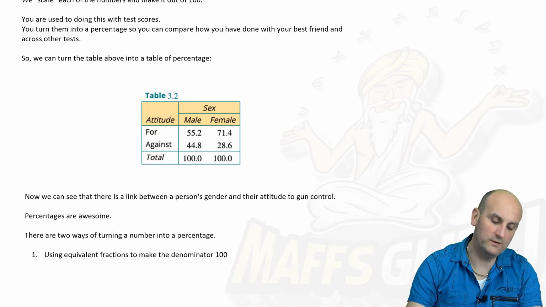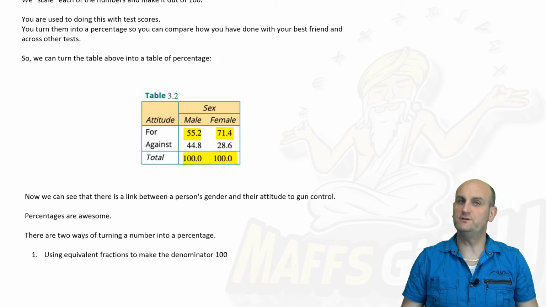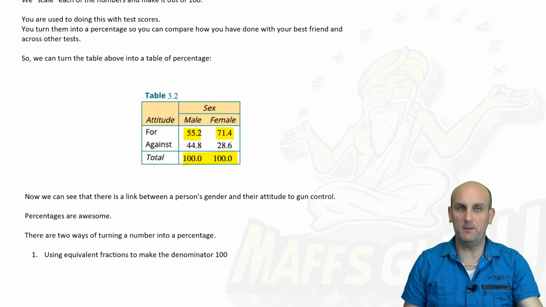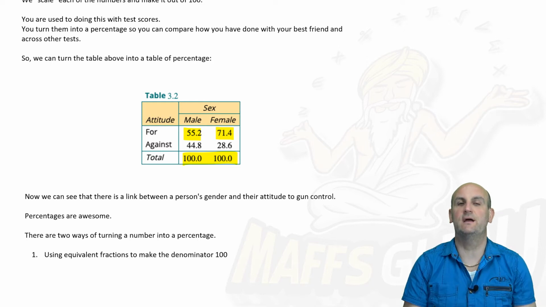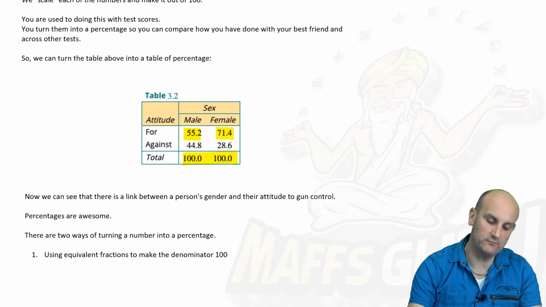And what happens when we do that for all of the figures in our table is you'll notice we've changed the bottom of that. So rather than having the number of males and the number of females, all those numbers are now scaled out of 100. They're all percentages now. And what we can see is 55.2, sorry, using the wrong pen again.